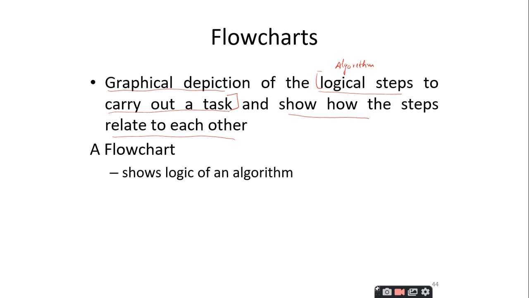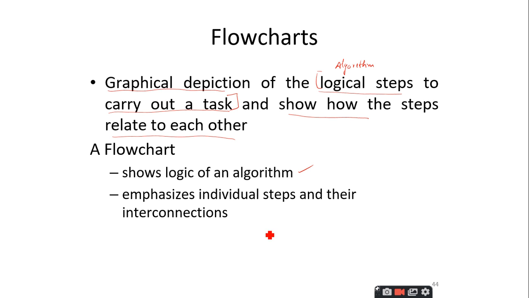What are the benefits of this flow chart? It shows the logic of an algorithm, and it emphasizes the individual steps and their interconnections. It also shows the flow of data. It gives importance to the individual steps, how we can process them and how you can go to the next step; everything is decided by this flow chart.